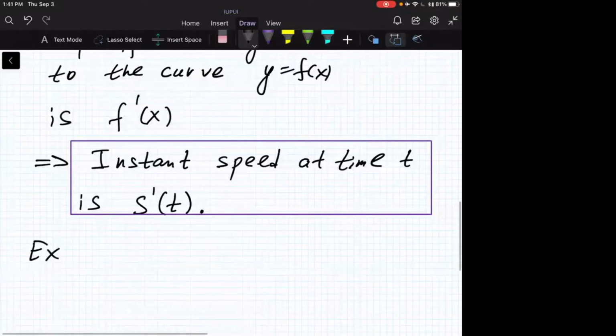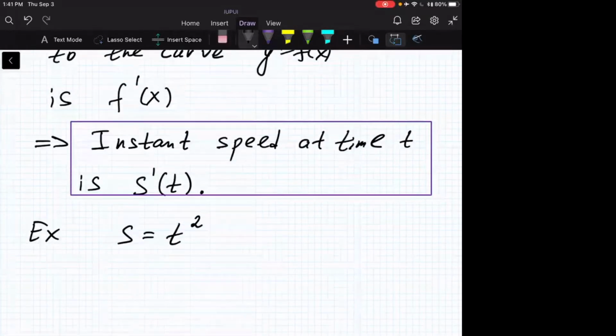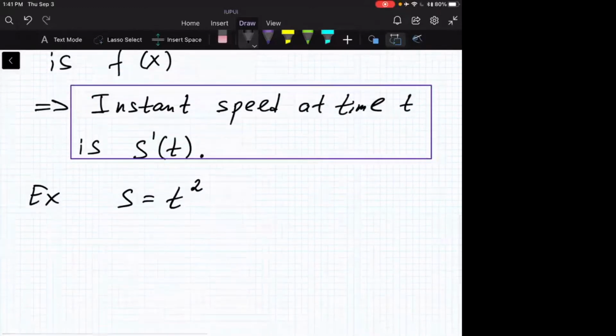So here's an example. Suppose your particle moves along a line according to the function s equals t squared, where s is measured in feet and t in seconds.